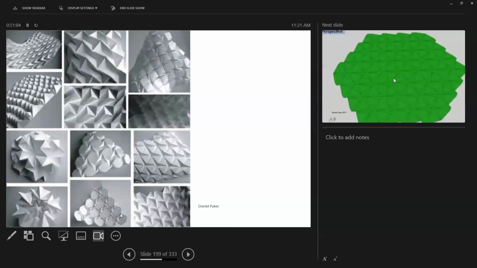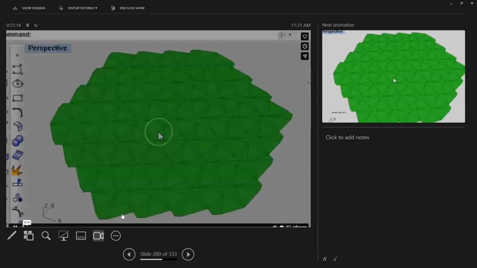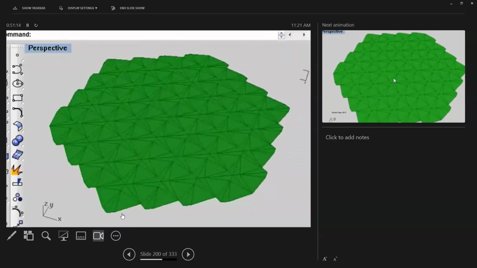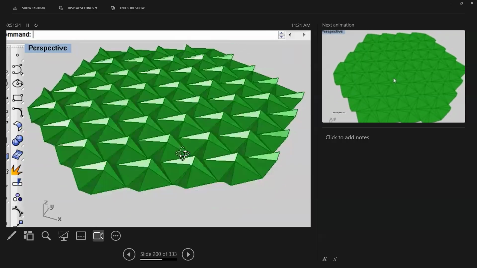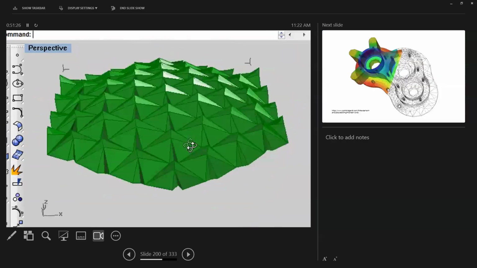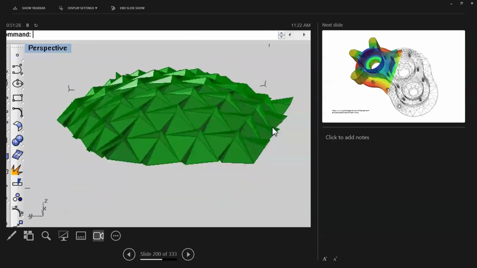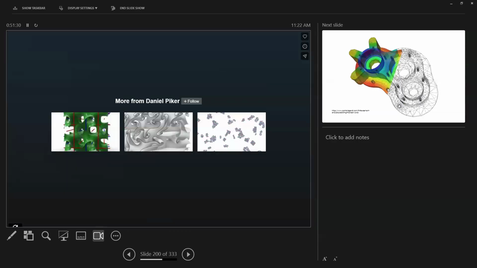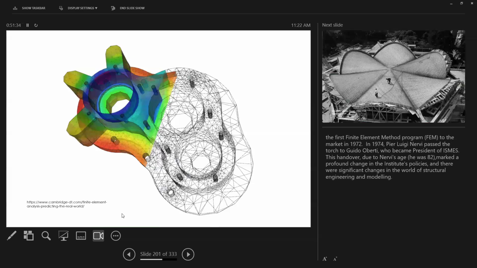Okay? So Daniel Piker, when he was a student, was obsessed with Ron Resch and realized that it was impossible to model these paper structures in the computer. And so he developed Kangaroo personally as a student in order to make digital models of paper. Okay, so the physical impulse is also usually responsible in the end for the digital tool.